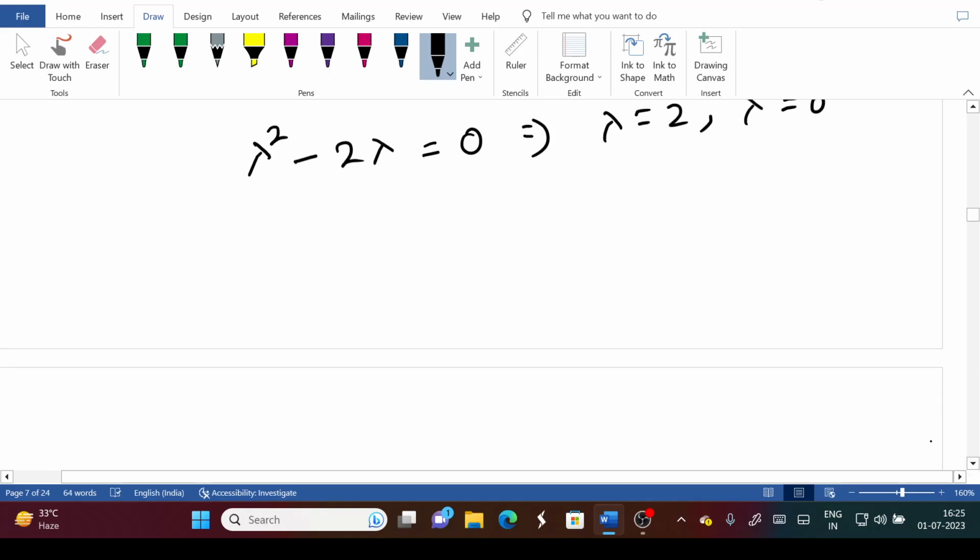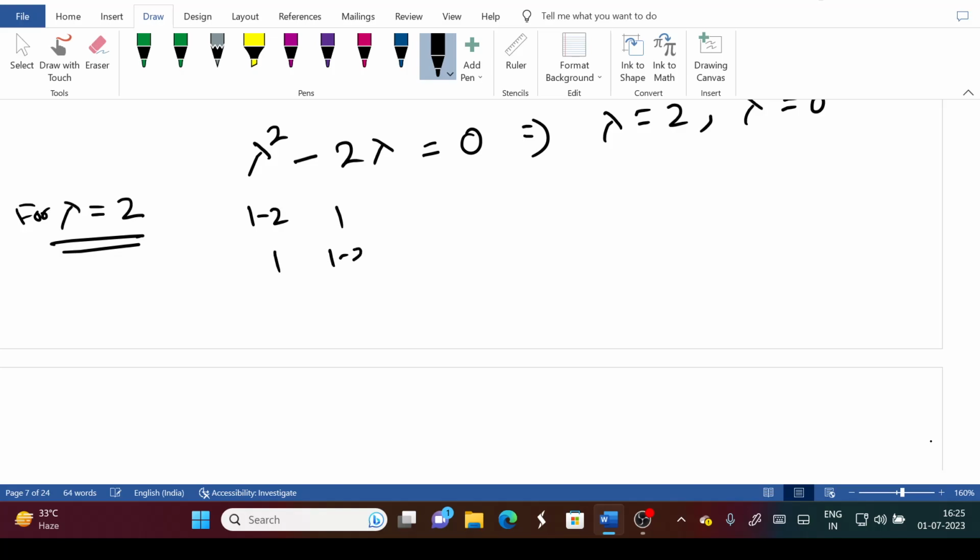Now for lambda equal to 2, what will be the eigenvector? From the diagonal elements, I have to subtract 2: 1 minus 2. This is nothing but [-1, 1; 1, -1].